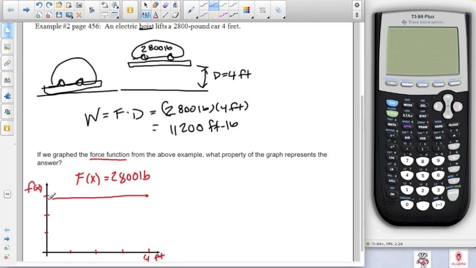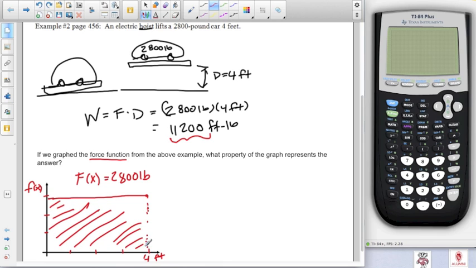And so this force function then becomes a force function of 2,800, a distance of 4 feet. And so this 11,200 value ends up becoming the area underneath that constant force function.